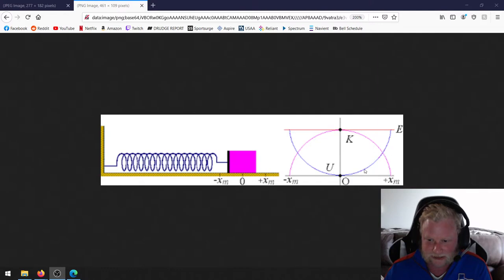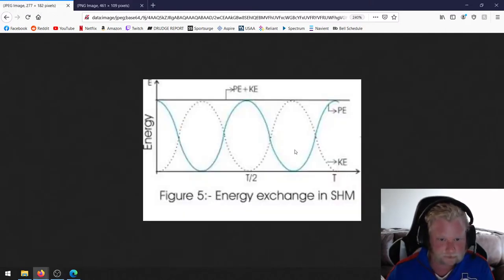And then it increases until it's maximum at your amplitude, right? And so you have this cycle of your potential becoming kinetic, kinetic becoming potential, but your total mechanical energy remains the same, right?